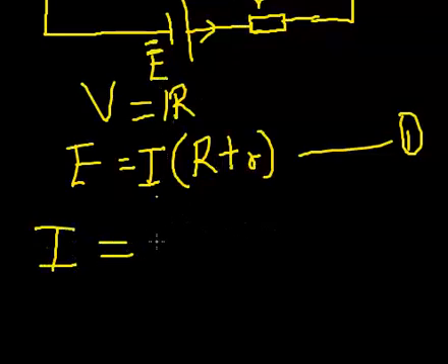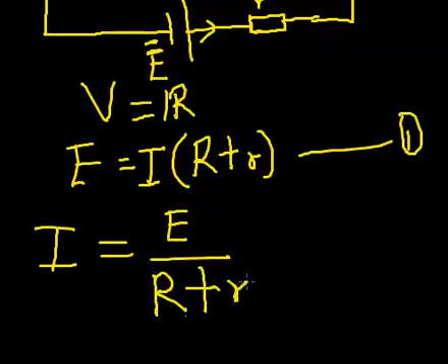The current is given by the EMF of the cell divided by, when you make I the subject, big R plus small r. Please take note of this formula, which we use in calculating current delivered by a cell that has internal resistance.